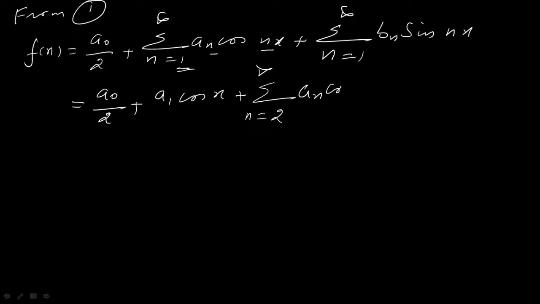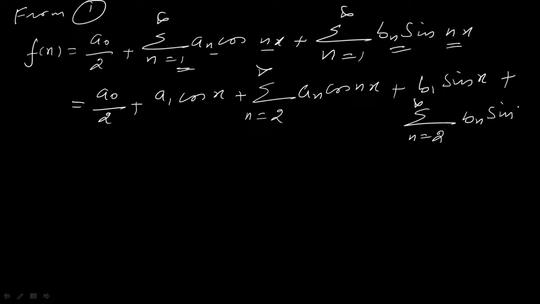So an cos nx. Likewise for bn too, you have to take the first term. So if you substitute n is equal to 1, b1 sin x plus sigma n is equal to 2 to infinity bn sin nx. Let me now substitute the values of a0, a1, an, b1 and bn.